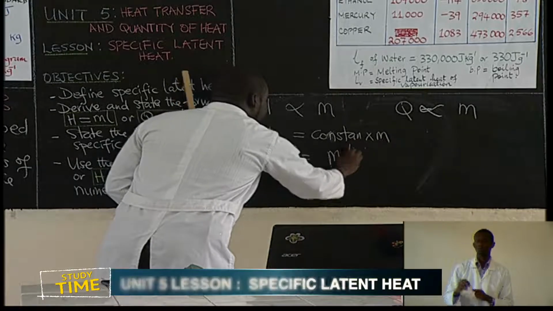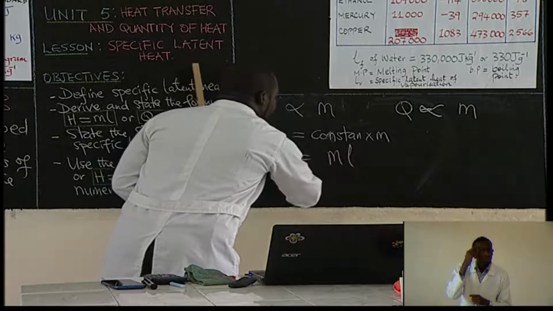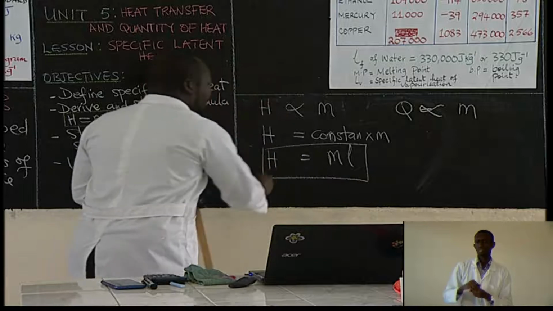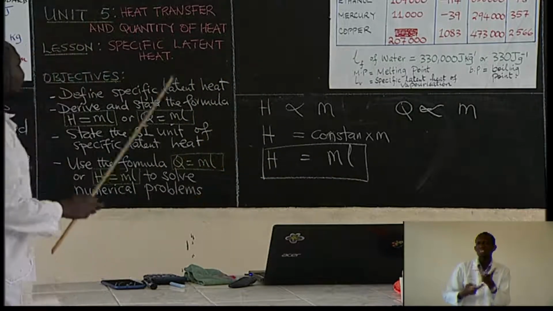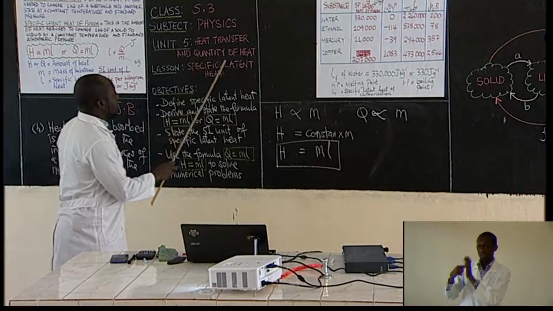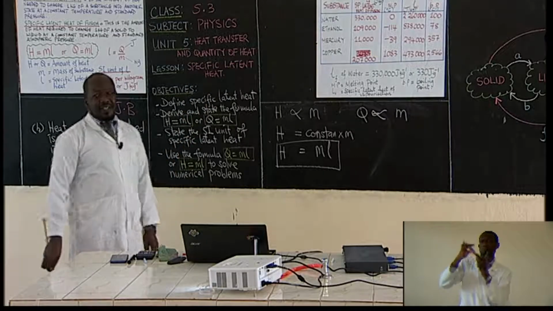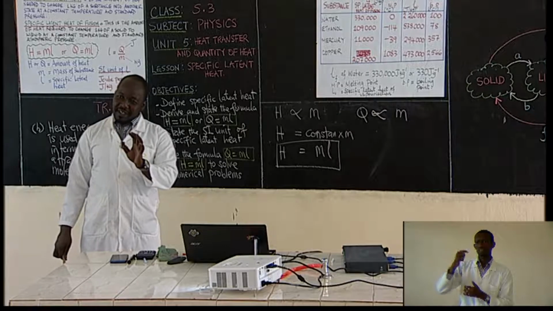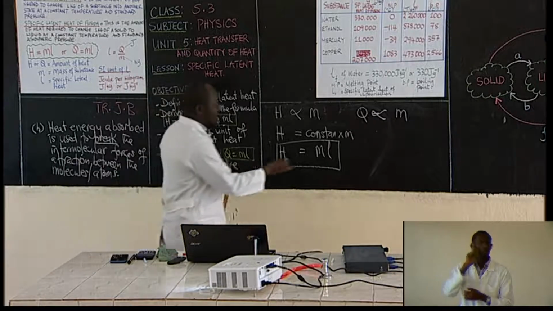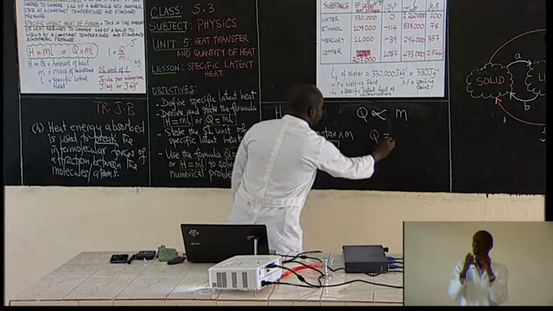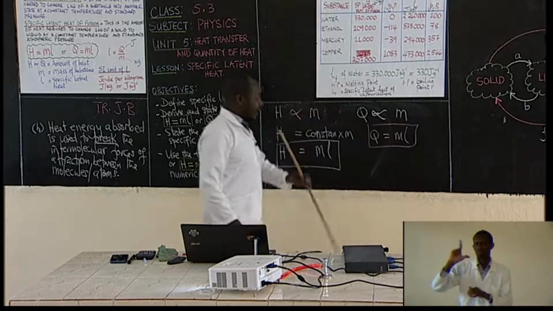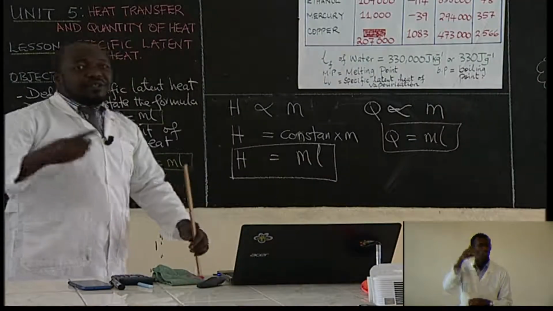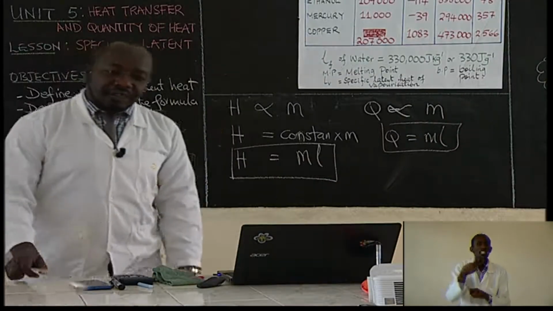Now, the symbol we use for this constant is L. And what is this constant? This constant is what we are referring to as specific latent heat. So I hope you see where we get specific latent heat from. Again, if you follow this, it will be Q equals mL, the same thing.